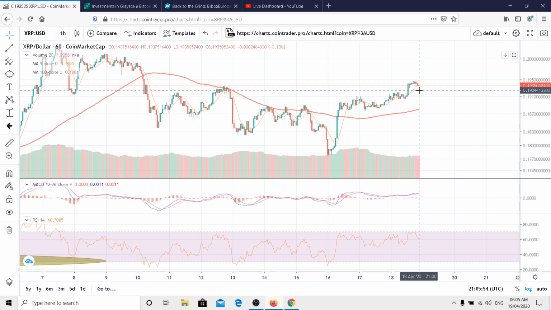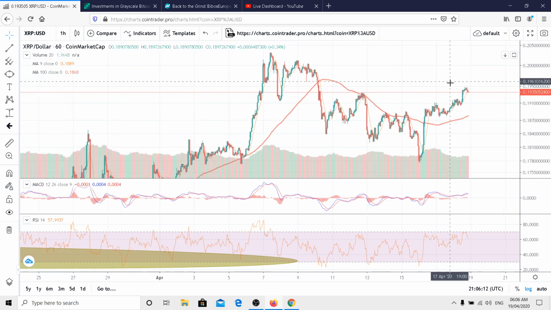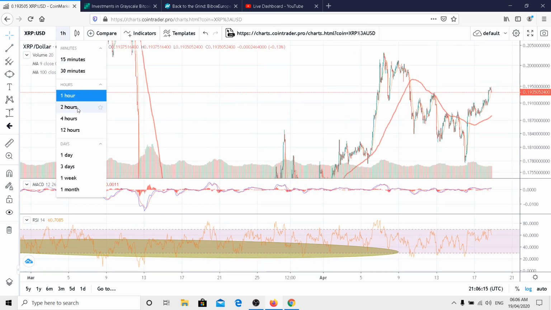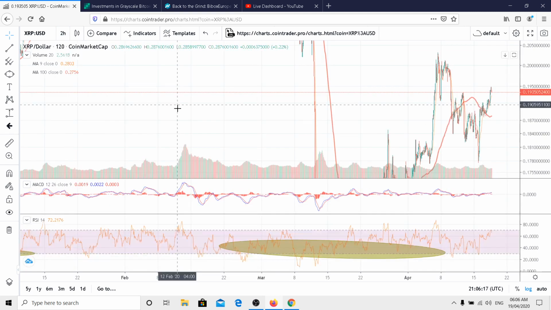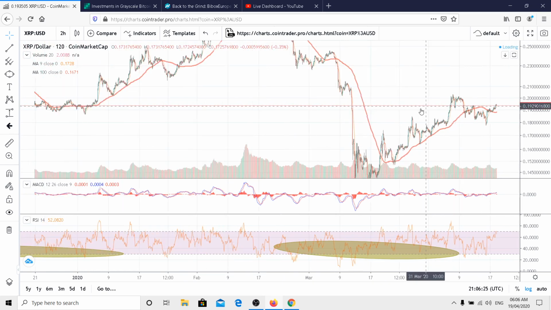But right now we came just below the 9-day moving average on a 1-hour chart. So the possibility is still there. Now we may come back below a bit and then pump up. So guys, keep an eye close to the price. If we are managing to break above the long-term resistance line of 0.202, then that is really bullish.